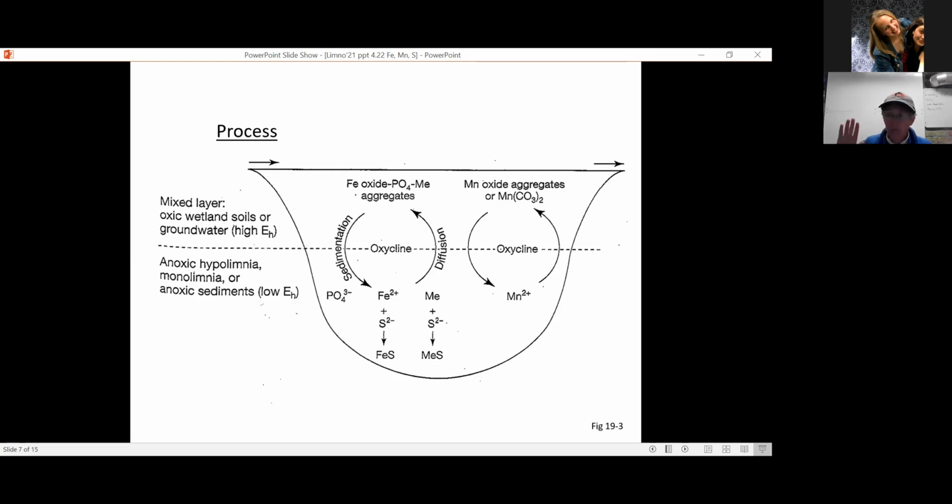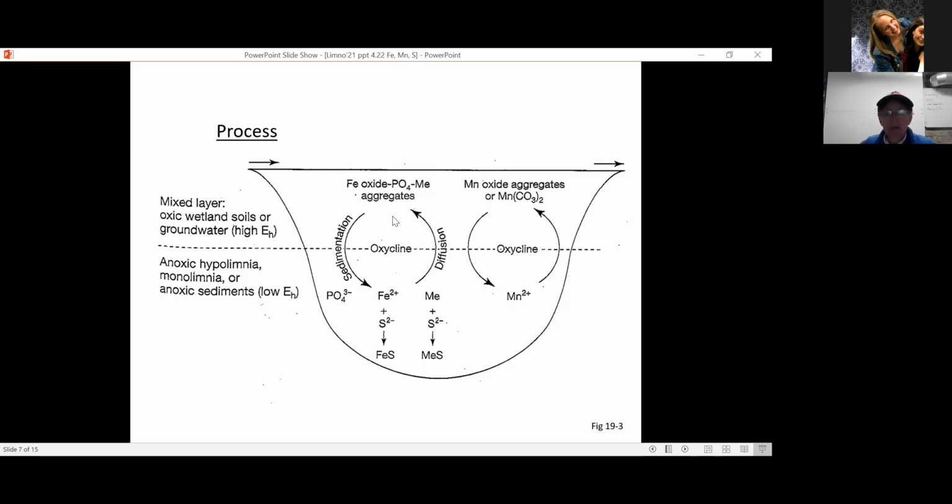The same processes apply anytime you've got an oxidizing layer of water above a reducing layer. And you might not think of lake sediment as including water, but lake sediment is full of water. Especially in the upper parts, it might be like 90% water. It's like a sponge of water.